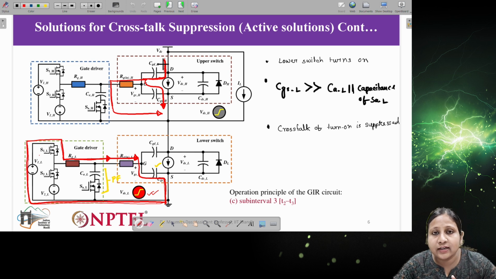If VDS is, let's say, 1000 volts, then this current will be very high, and it may cause the voltage across these two capacitances, CAH and CGSH, to become positive. Although it will balance out the negative voltage which was there in the capacitance, there will still be some voltage appearing across it, causing a positive voltage. Now, what we have seen in subinterval 1, we have pre-charged this auxiliary capacitance to negative voltage.